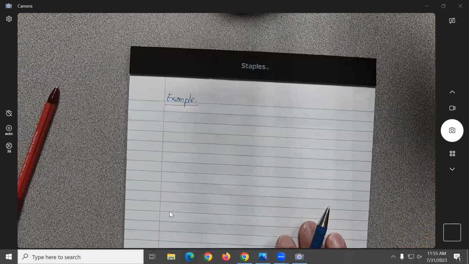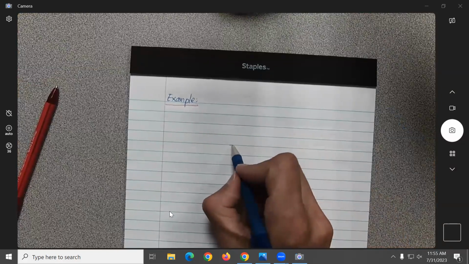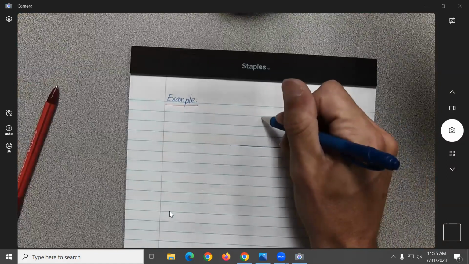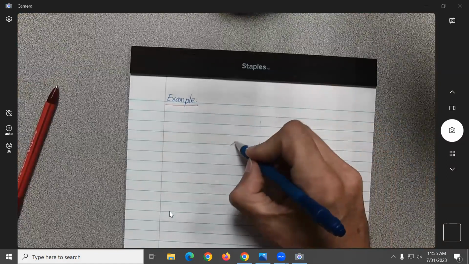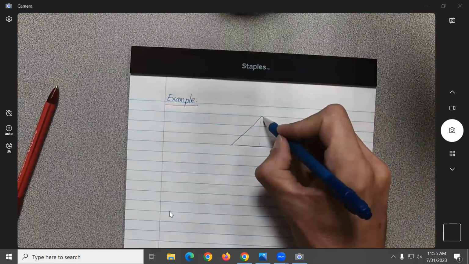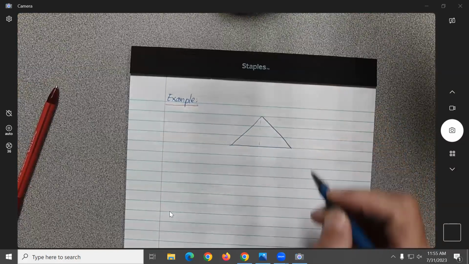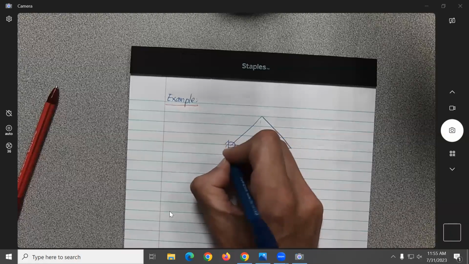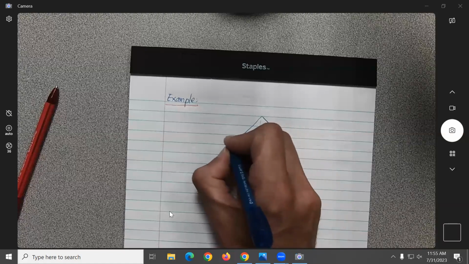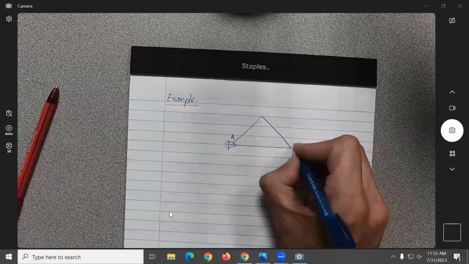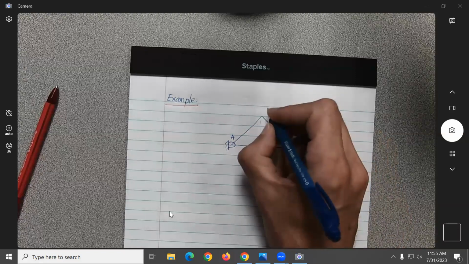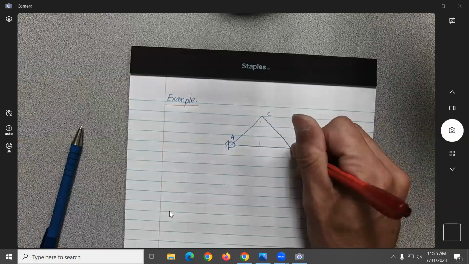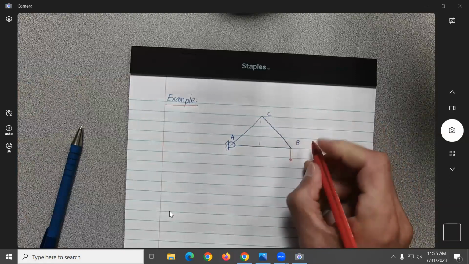Basically here we're going to have a simple truss. This will be point A, this will be point B, and this will be point C over here, where there's a force applied at point B, F equal to 100 kilonewtons.